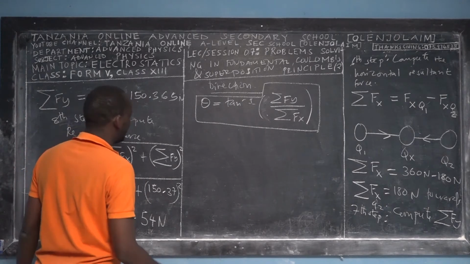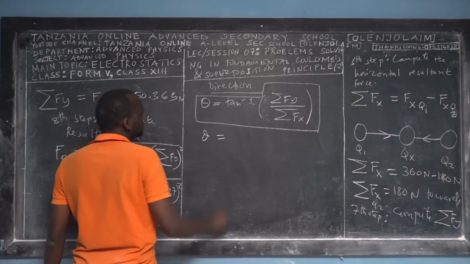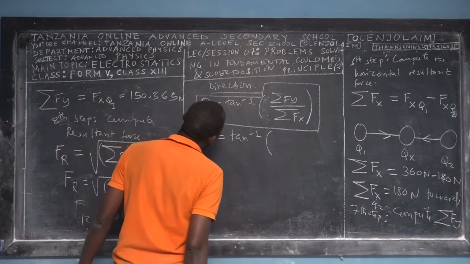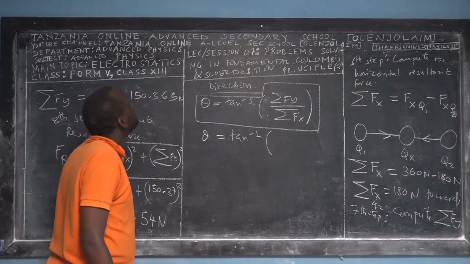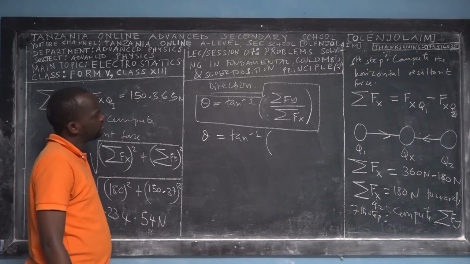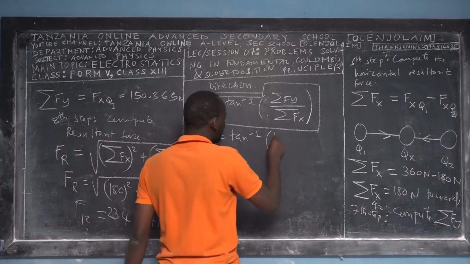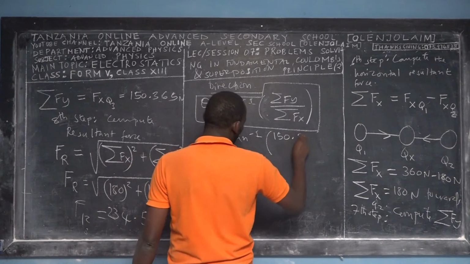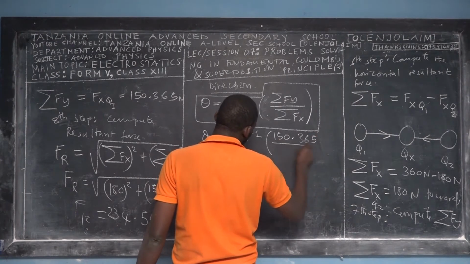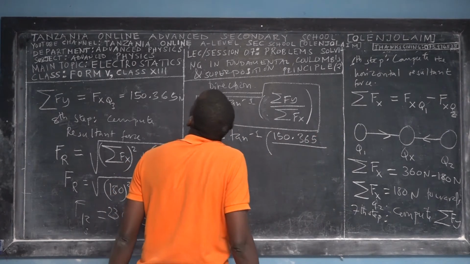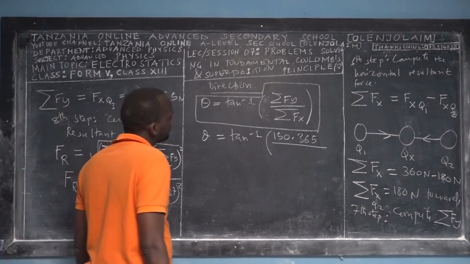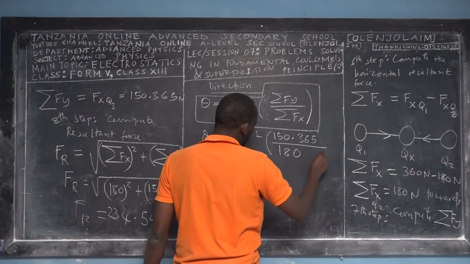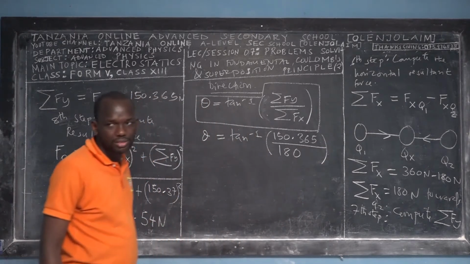So we say theta is tan inverse of what? Of the summation of F of y, which is 150.2 divided by 365, the summation of the components in x, like this, right?